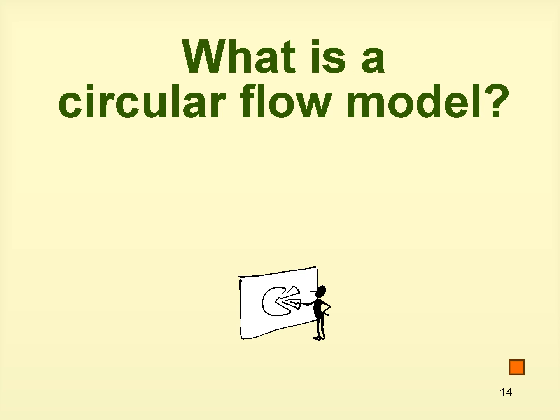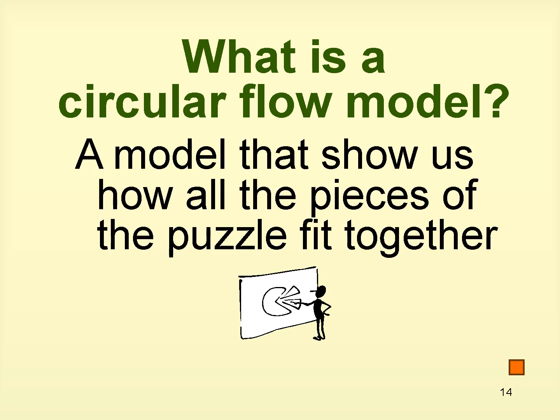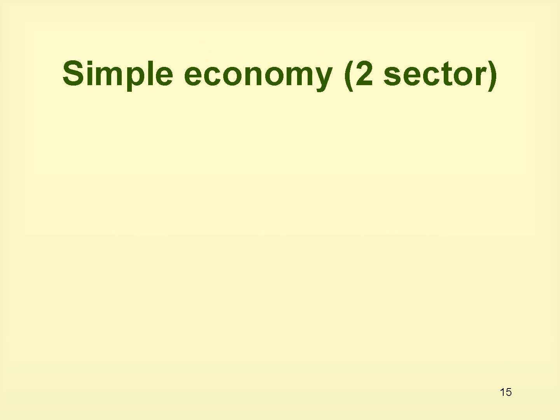Circular flow. What is a circular flow model? It's a model that shows us how the pieces of the puzzle fit together. If you see in chapter 8, the course content, you have to know the circular flow in the two sector.